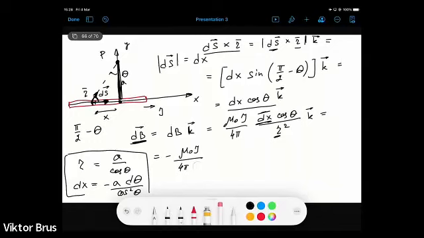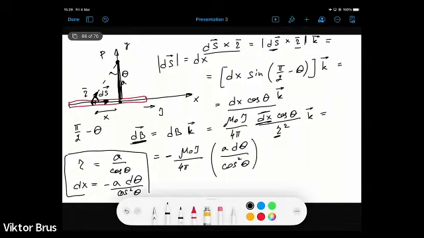Then let's substitute dx. The minus is here already. We will put a times d theta over cosine squared theta.